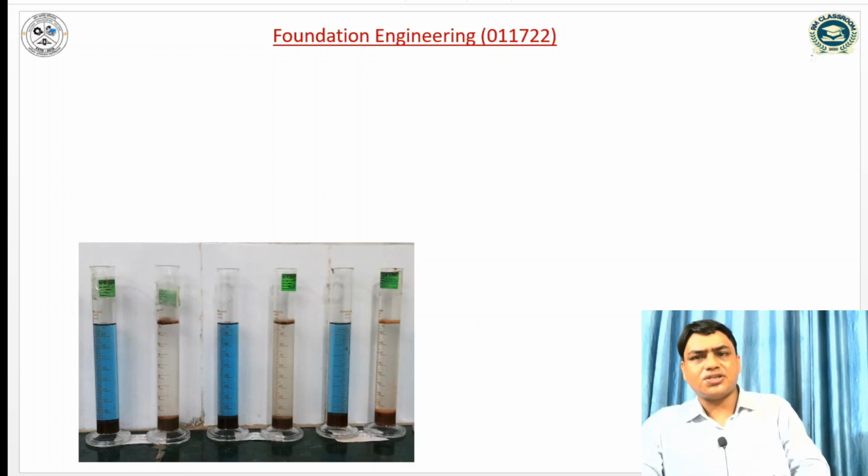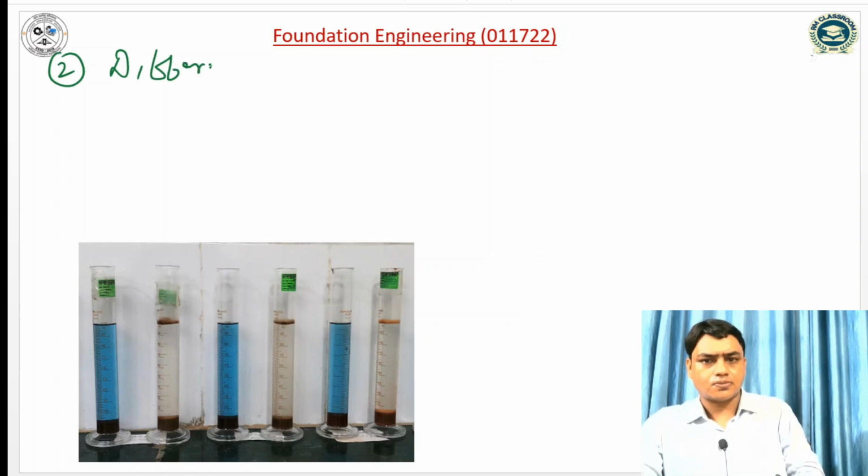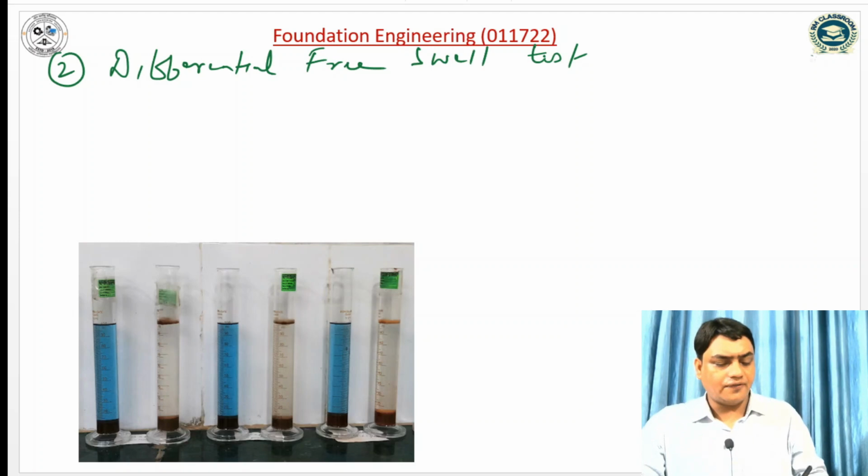So the second test is the differential free swell index, the differential free swell test. In the differential free swell test, two cylindrical measures of capacity 100 ml are taken, and once again 10 gram oven dry soil sample is taken, which passes through a 425 micron sieve.